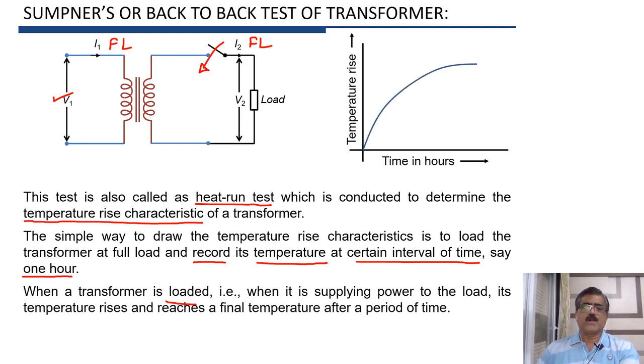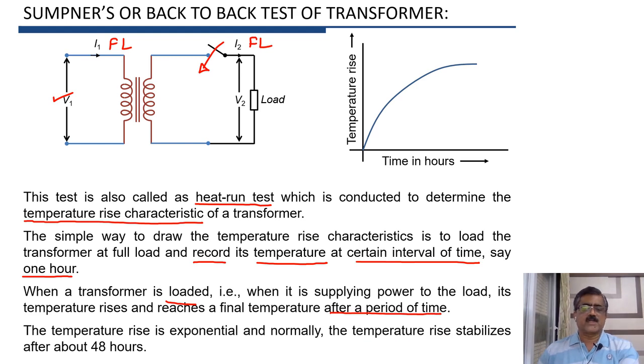So, if you plot the characteristics, on x-axis time in hours and on y-axis the temperature rise of transformer, then as time increases, temperature of transformer also increases and then it will reach a certain final value after a long period of time. Normally this time period at which the temperature rise stabilizes is about 48 hours.